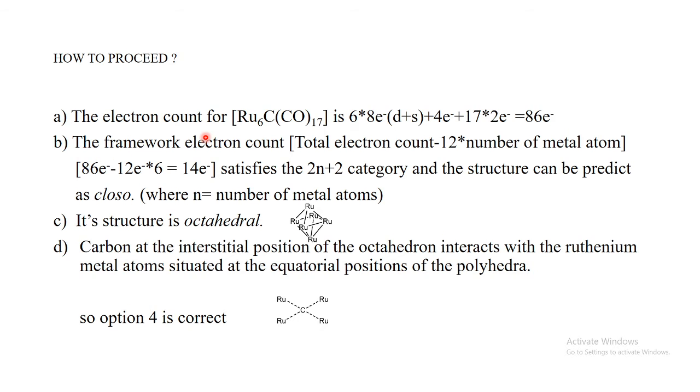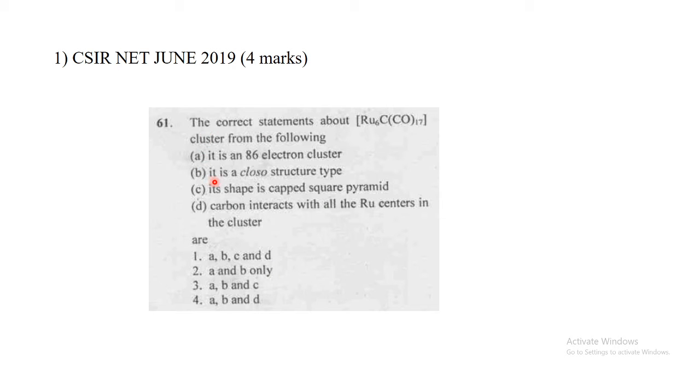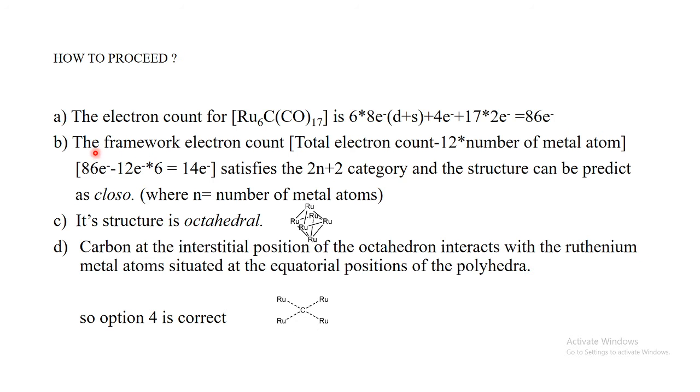Next we have the next statement: it is a closo structure type. In this kind of metal cluster, in order to determine a structure type, first of all we have to count the framework electrons. The framework electron count is given by the formula: total electron count minus 12 into the number of metal atoms.